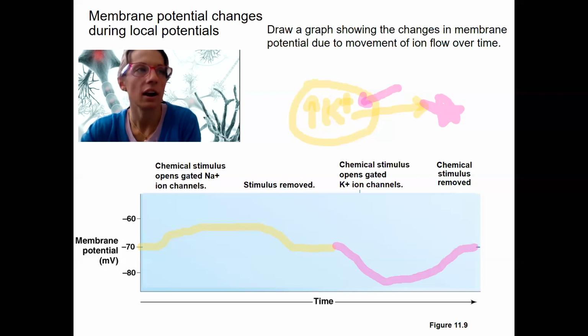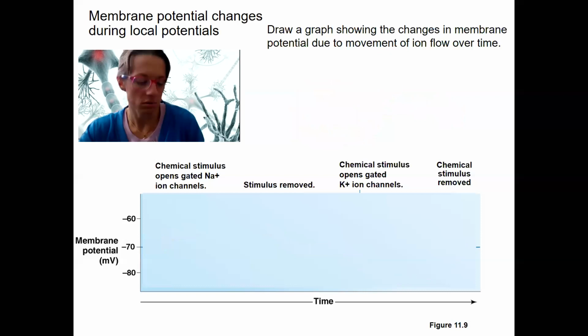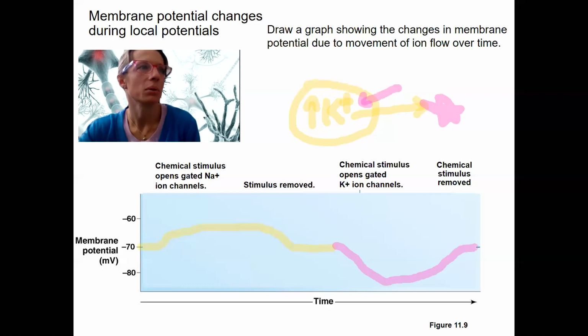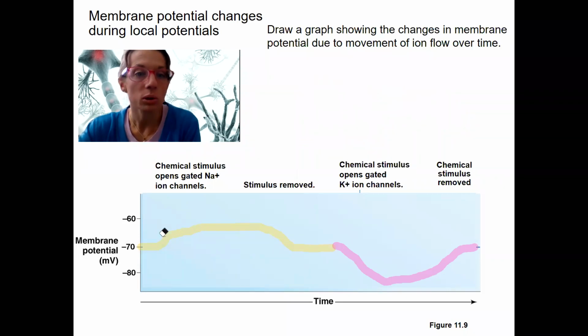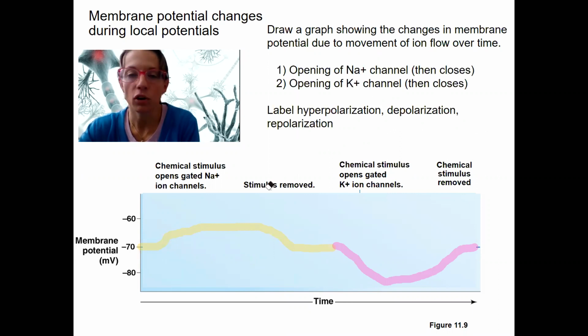Now, if I wanted you to label, oops, what I want to do is just erase this. If I want you to label what these terms are called, let me just bring this up here. So we've already done this: opening of a sodium channel, then closing; opening of a potassium channel, then closing. You've done that. Could you label where this cell is hyperpolarized, depolarized, and repolarizing? Hope you can.